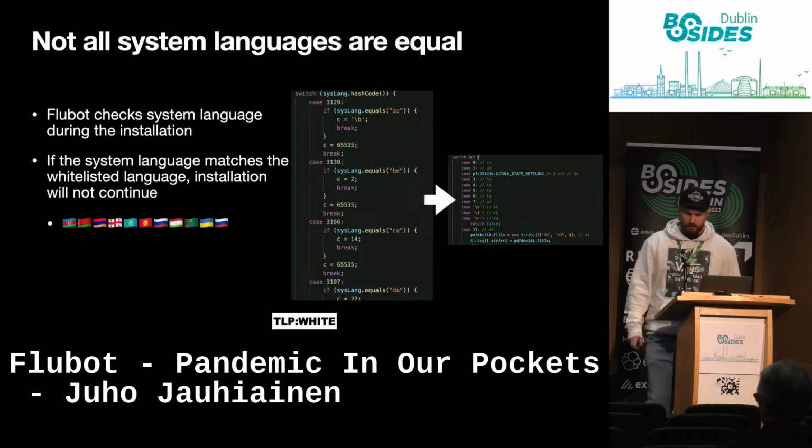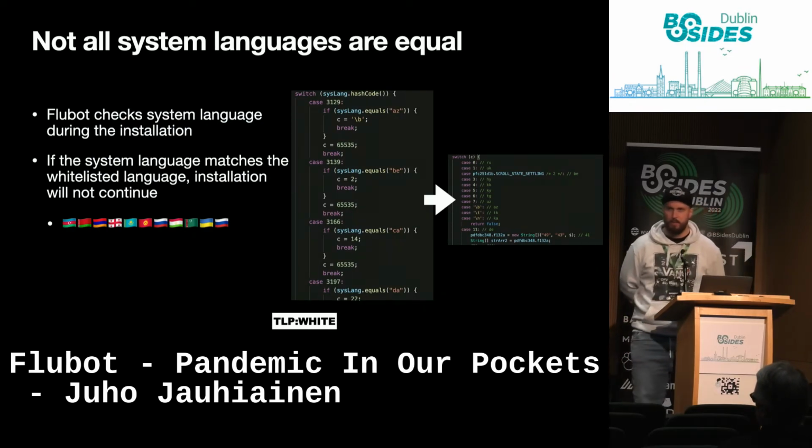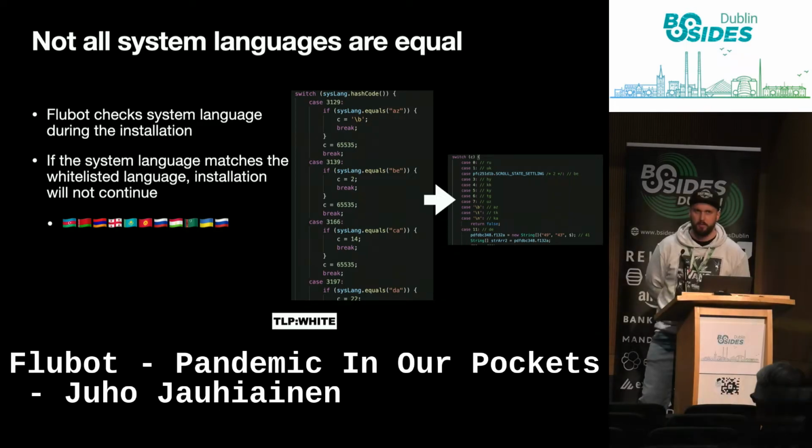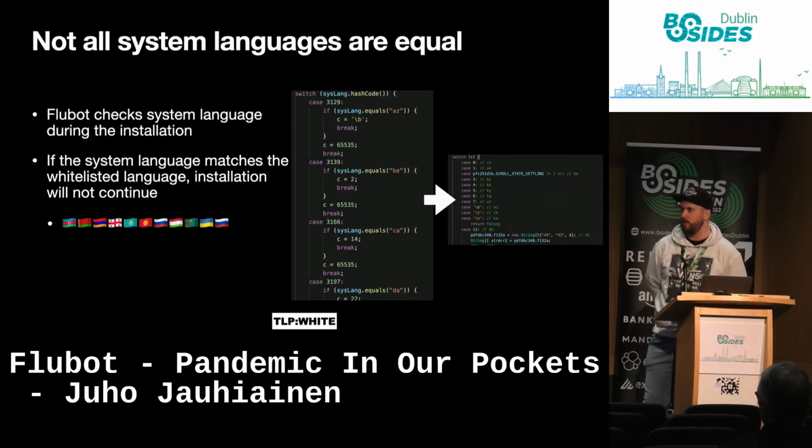And then there's this interesting thing as well. As I said, they are hosting the infra in Russia, but they are also avoiding Russian and other countries' victims. So they have whitelisted a lot of system languages. The installation checks which language the phone is using, and then the installation will not continue if one of the mentioned languages is used in the phone.